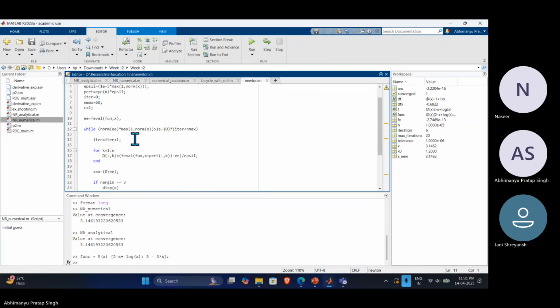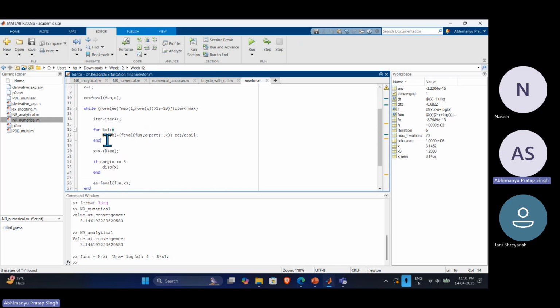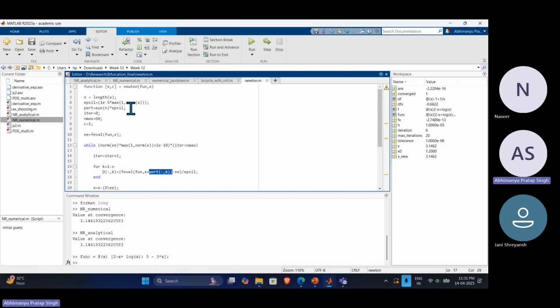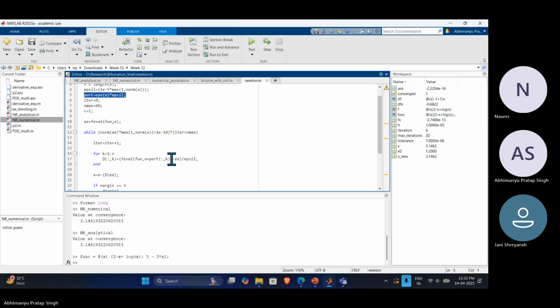Yeah. So what this Newton-Raphson is doing, if you look at this loop, D here is my Jacobian, and I'm calculating for the first row. So for the first row, I'm evaluating my function at the value of x plus this perturbed part. My perturb matrix is an identity matrix. So right now I'm just perturbing one element of it, the ith part of it, and then I divide by epsilon.